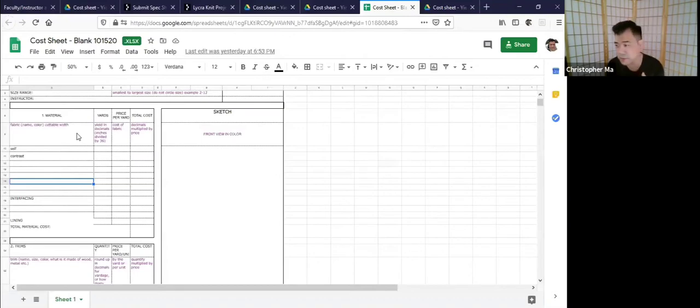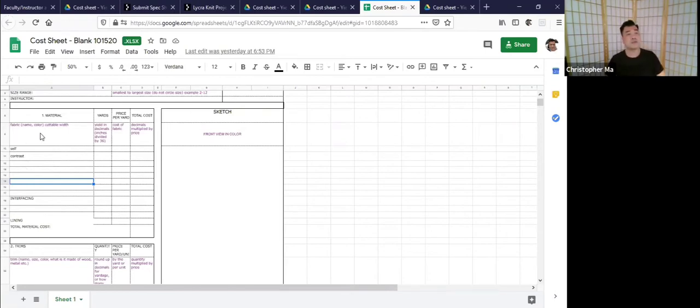Some of you, like Carson, decided to use cotton lining. That's fine too. This is where you put it. It comes in yardage. And also your fusible comes in yardage, so you also put it here. If your fabric, let's say your rib, what is your rib? Rib comes in yardage. Therefore, it's here. Any questions so far?